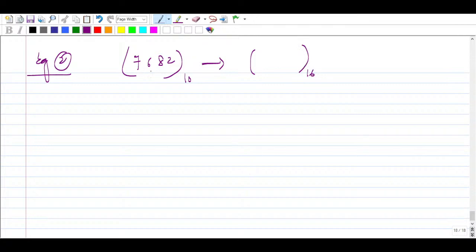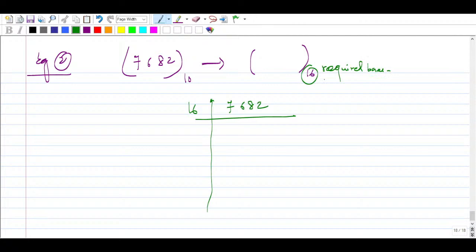As far as this number is concerned, it is an integer, so you can again perform successive division. You have to divide by 16 because now the required base is 16. Just divide here.